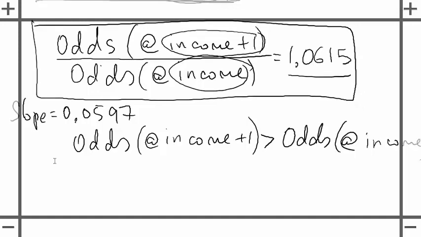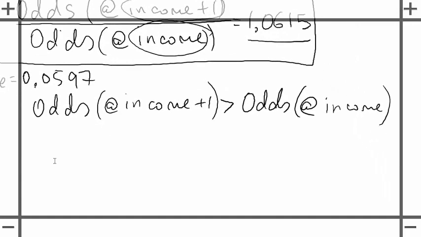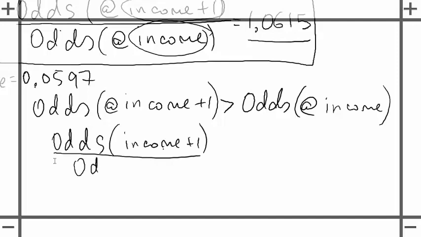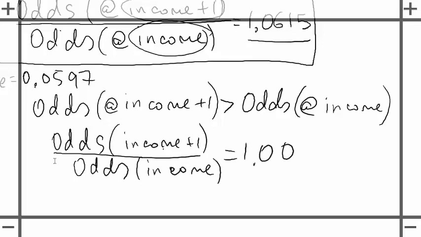By how much? Let's see. What if my odds ratio, odds at income plus 1 over odds at income, was 1.00? No difference. What would you say? No increase, no decrease, it's the same. What if it was 1.2?